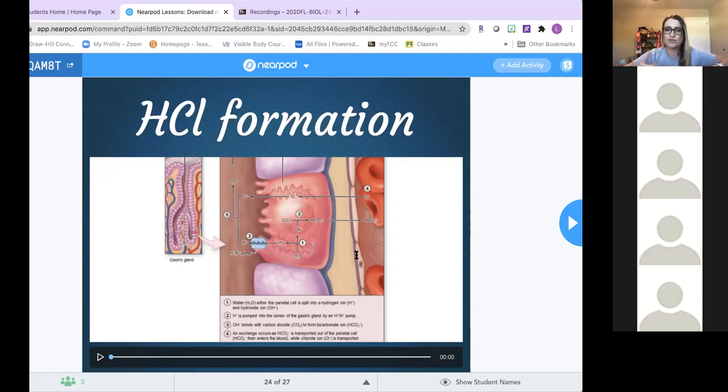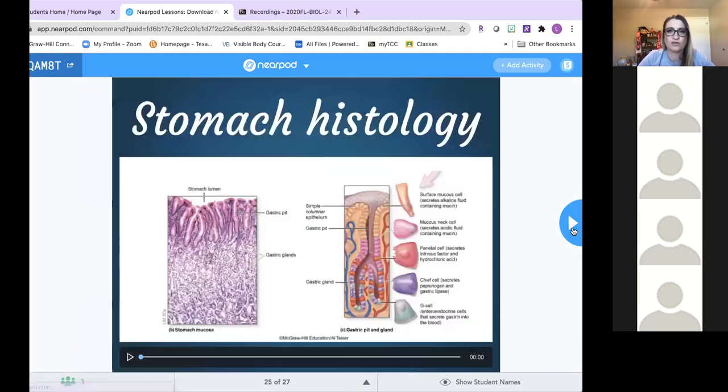And in order to denature protein, you have to break some bonds that hold that protein in its shape, right? So it starts the denaturation process of proteins. Hydrochloric acid also activates pepsinogen molecules into active pepsin. And in general, it helps break down plant and animal matter that you have ingested. So that's your hydrochloric acid.